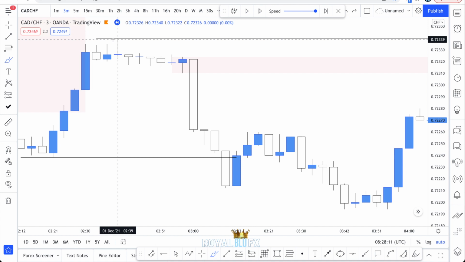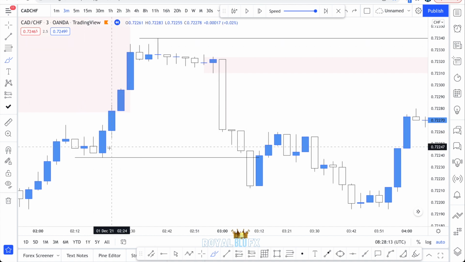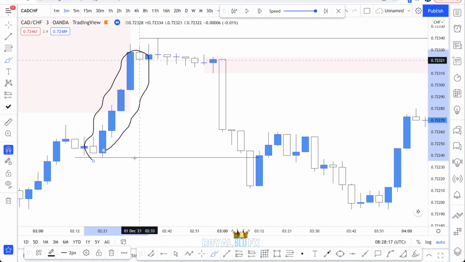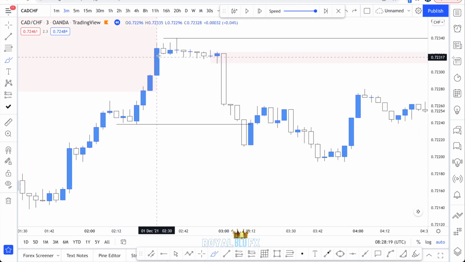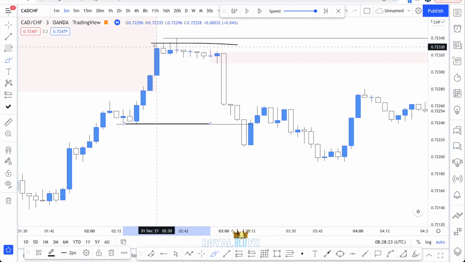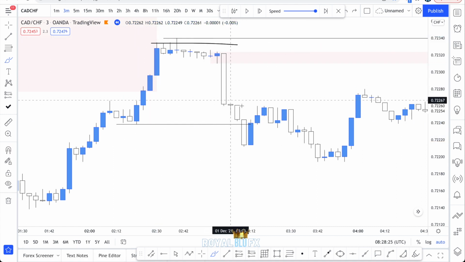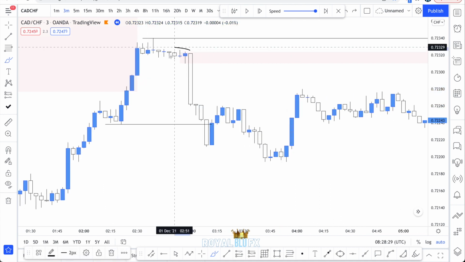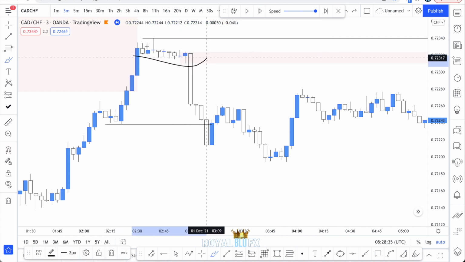As you see over here, we had consecutive bullish candles, four of them going up. You understand that we can't play this huge zone like this. We just wait for price to come into this zone, and then we look to see where price would hit in terms of the last up candle.